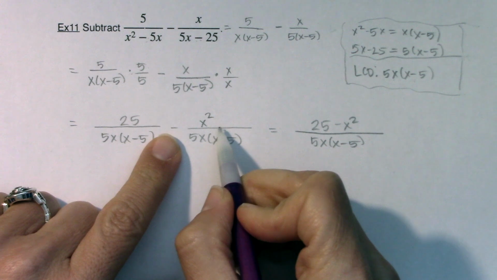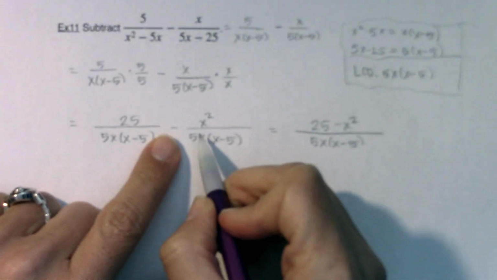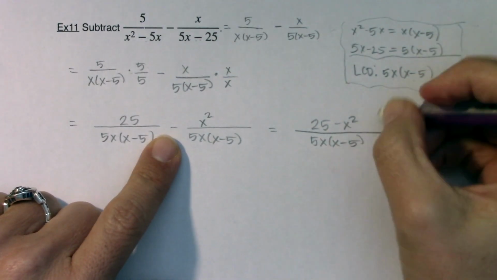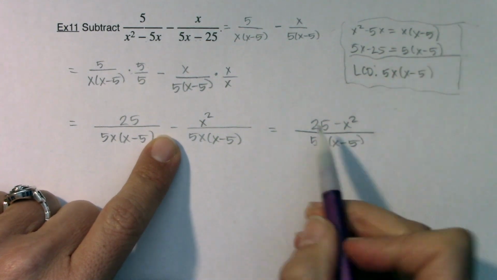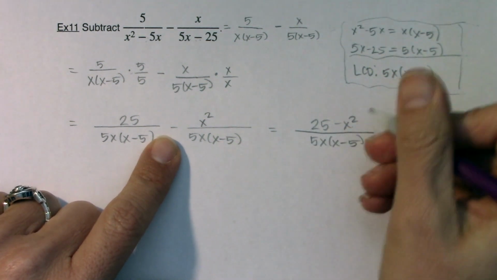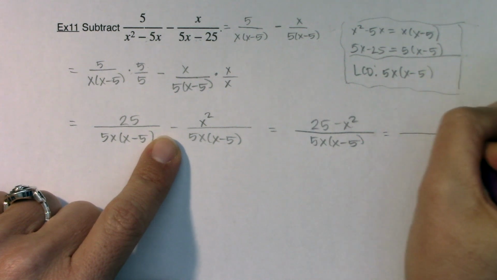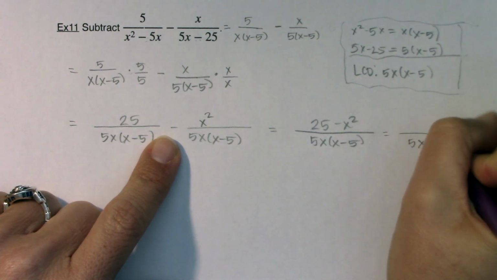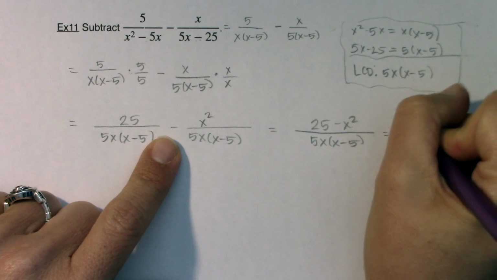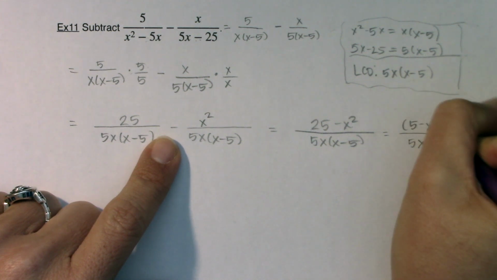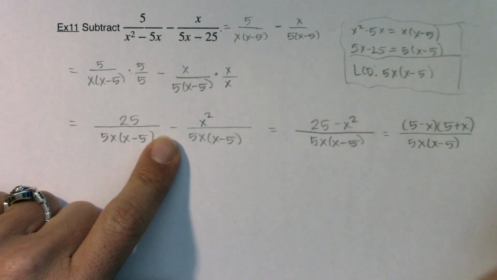I actually don't need to distribute anything because this is just a monomial up here, which is fine. But hopefully, spidey senses are going off, and you can see this is a difference of squares. So let me rewrite this. We've got 5x times x minus 5, and the numerator is essentially 5 minus x times 5 plus x.